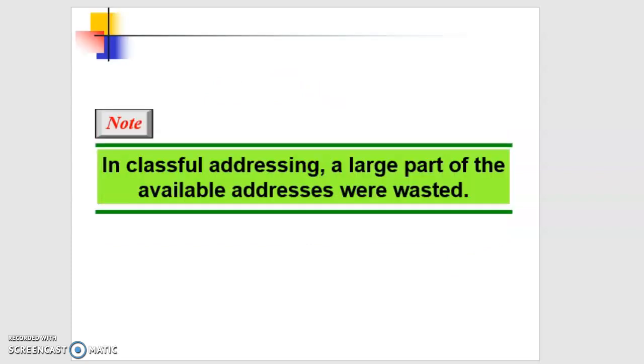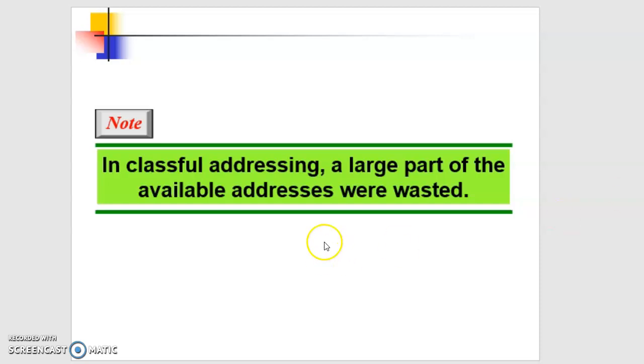The problem that basically arises in classful addressing is that you are dividing this complete address space into classes. Suppose we talk about class A, you have one network, like we are creating a network for VIPs, an organization. You have taken an address for class A. You don't have that many requirements for hosts, 2 to the power 24, so we are wasting a number of hosts in VIPs.